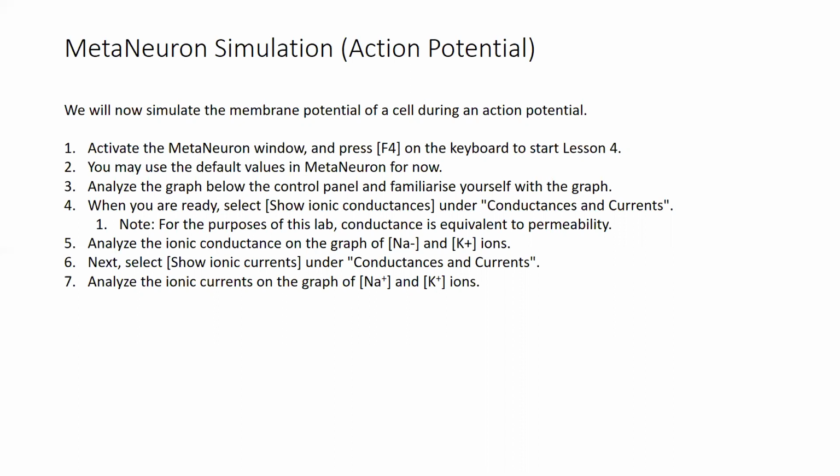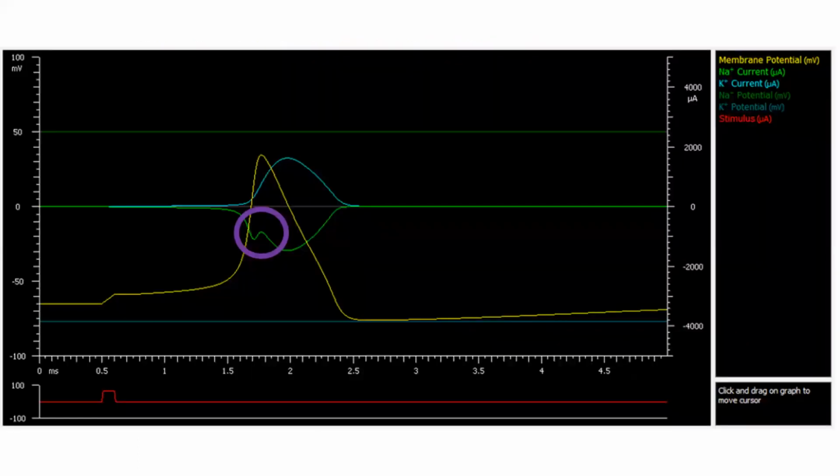Next, select Show Ionic Currents under Conductances and Currents. Analyze the ionic currents on the graph of sodium and potassium ions. This is what you should be seeing on your screen.